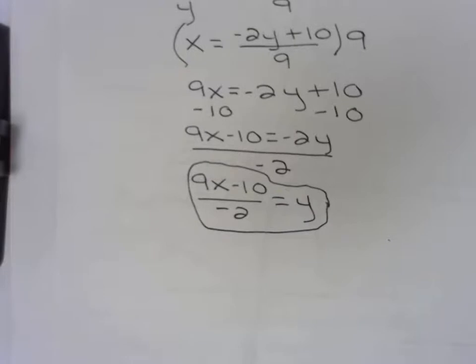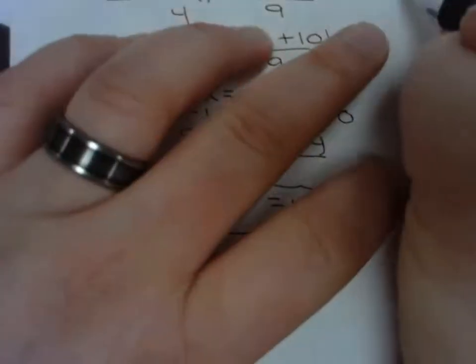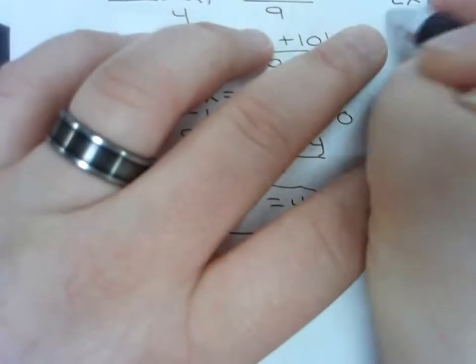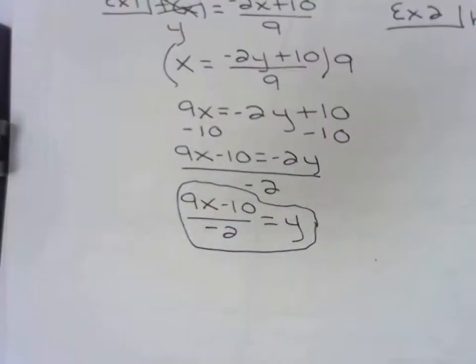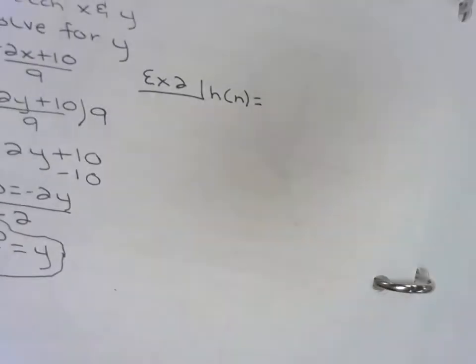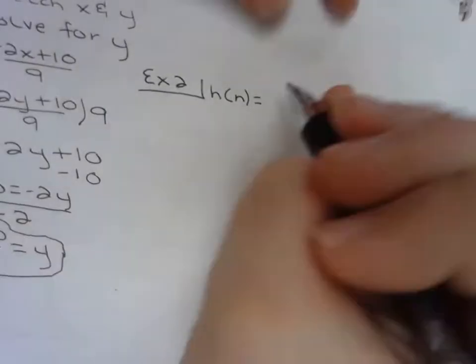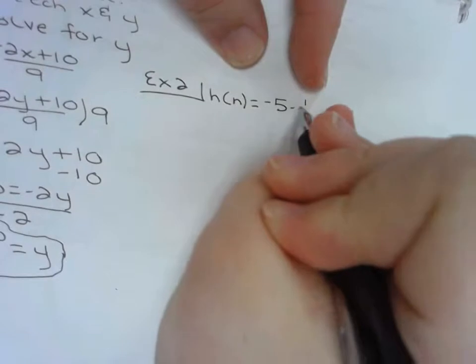Okay, let's look at one like this. Let's say I have h of n equals negative 5 minus 1/3 n.